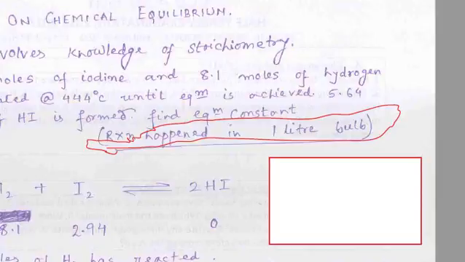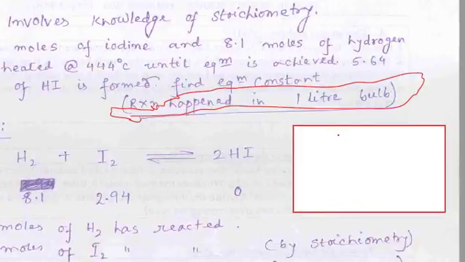But all these things which we calculate for finding the equilibrium constant, we have to take at equilibrium. So that is a very important parameter once again. If we have to find the equilibrium constant, it shall be at equilibrium.